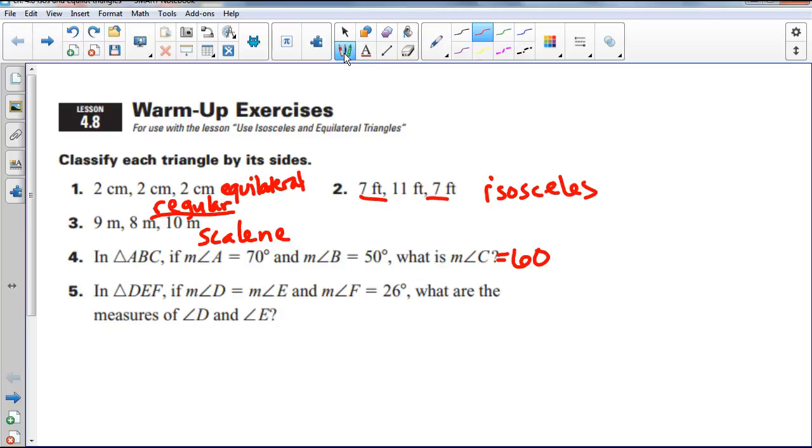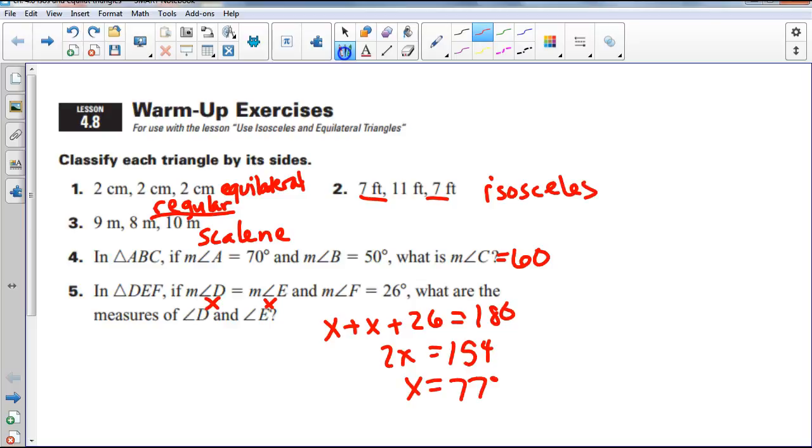We have D and E, so this is x and x. And angle F, so we have x plus x plus 26 equals 180. So 2x, I'm going to subtract the 26 from both sides to get 154. And if I divide that in half, you get 77 degrees. So the measures of D and E are both 77 degrees.